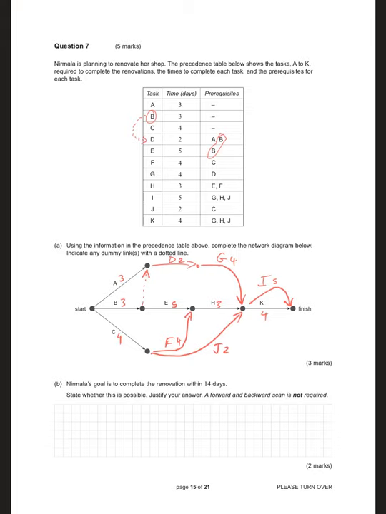So the shortest completion time is not ever going to be 14. Longest path through equals critical path equals shortest completion time is at least, I haven't even really checked all the paths.